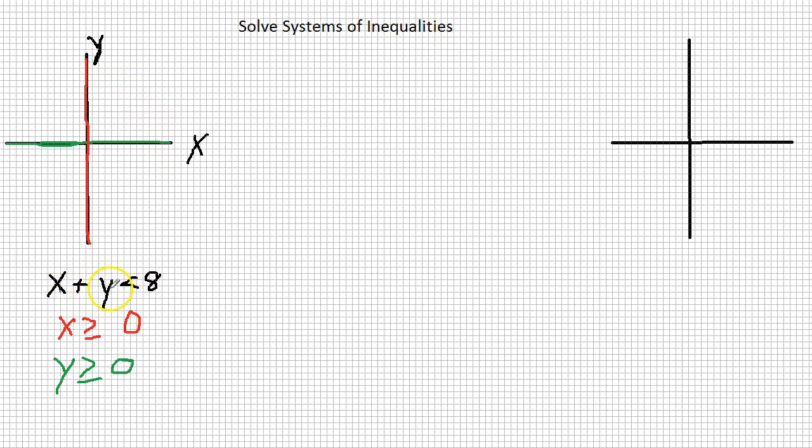Now, I can graph this with intercepts. If I put 0 in for y, I have x is less than 8. Okay, if you thought of it like an equal sign, x equals 8. So what does that mean? Our x-intercept's 8. If I put 0 in for x to get the y-intercept, my y-intercept is 8. So let's count up. 1, 2, 3, 4, 5, 6, 7, 8.